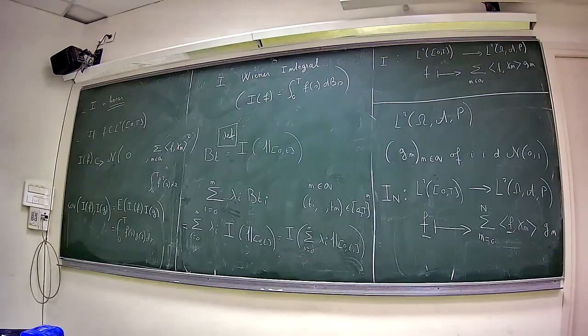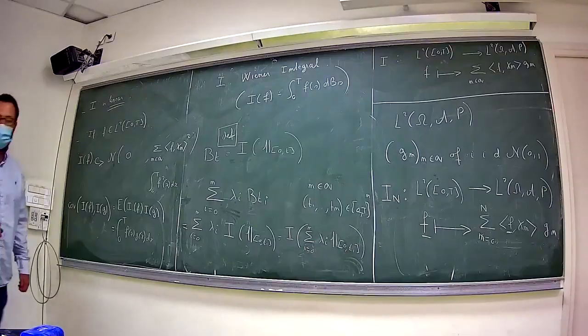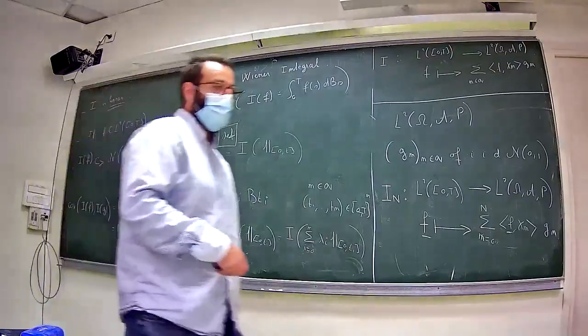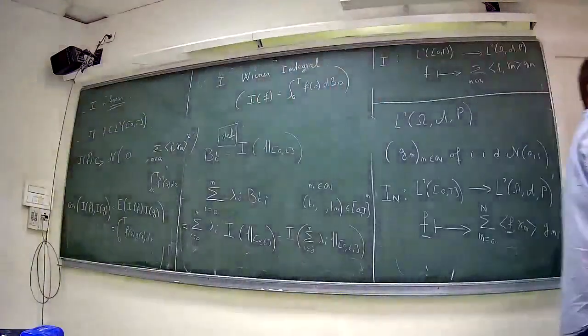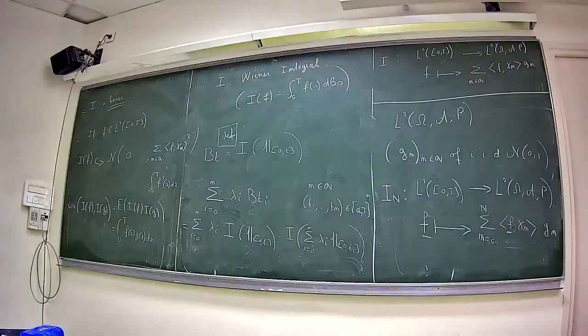So you have here something that is necessarily a Gaussian random variable. So the fact that B_t is a Gaussian process just comes from the fact that I of someone is Gaussian and that I have the linearity in order to write this linear combination of I as I of the linear combination. So you have defined here something that is a Gaussian process this way.